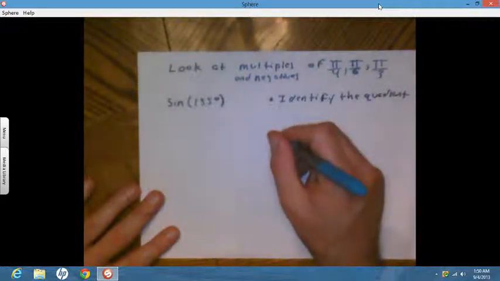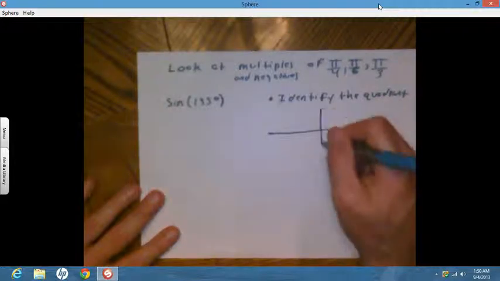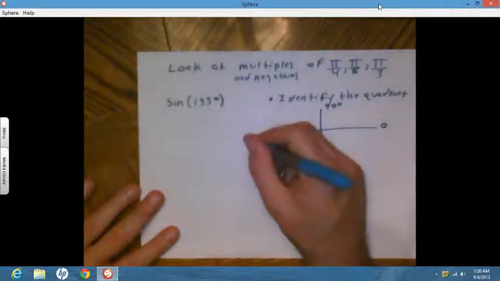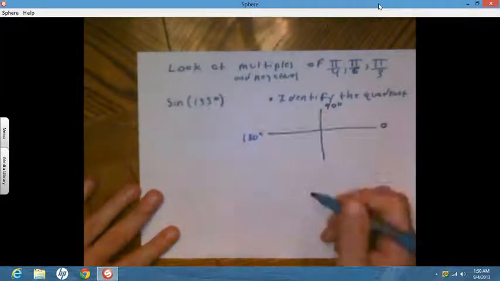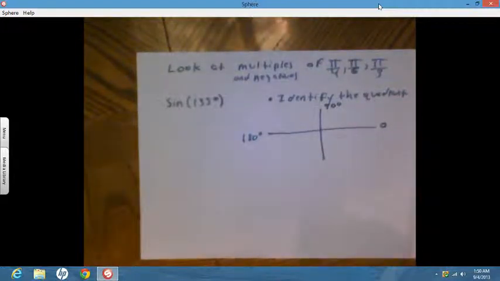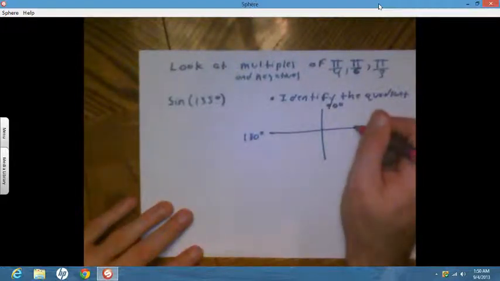And so this is 0 degrees. This is 90 degrees. This is 180 degrees. So 180 degrees is bigger than 135. So we've identified the quadrant. We're in the second quadrant. So we started at 0 degrees, and we came around and we stopped here.